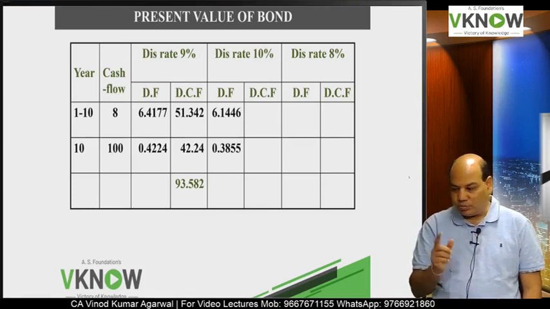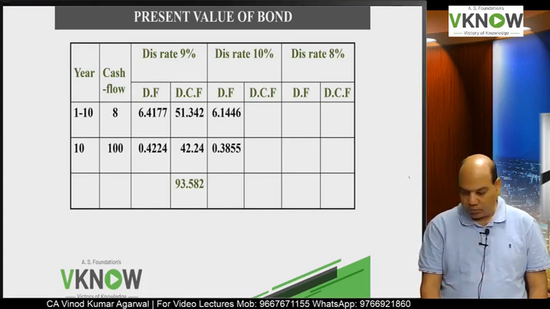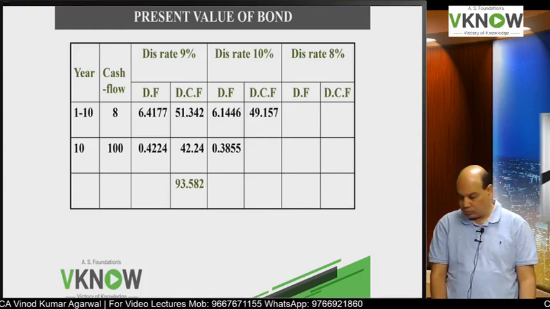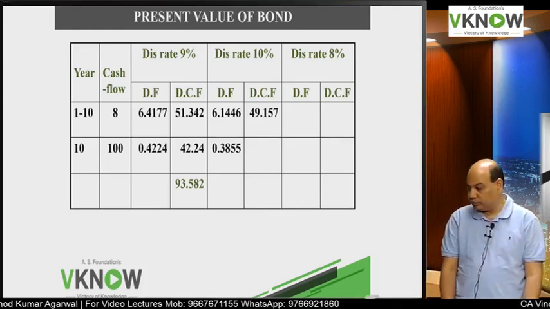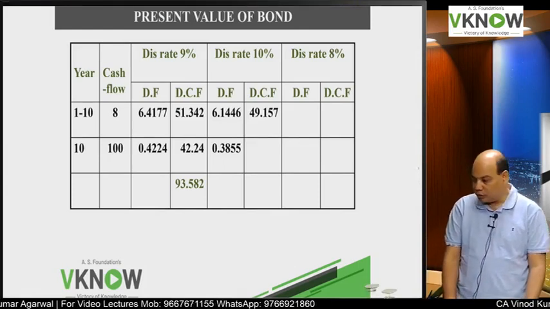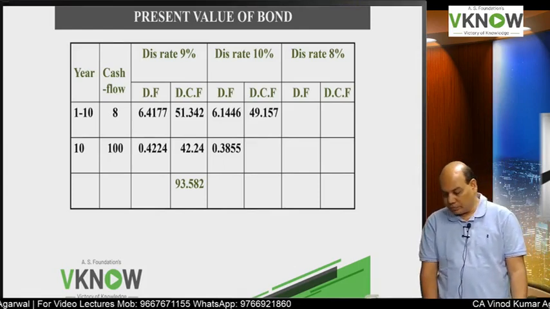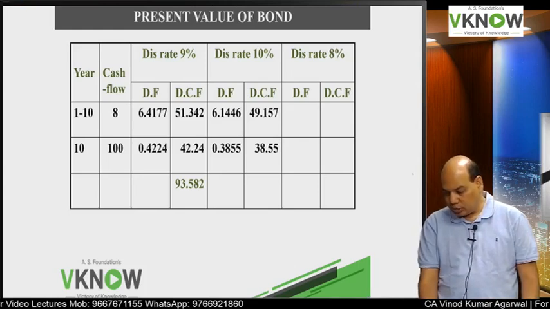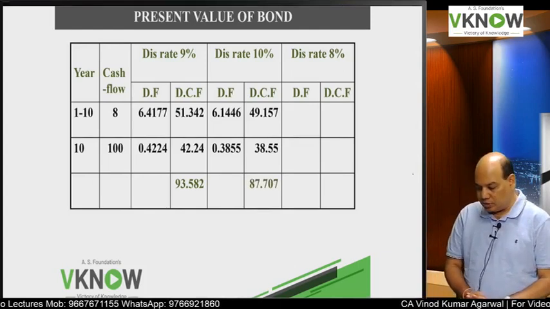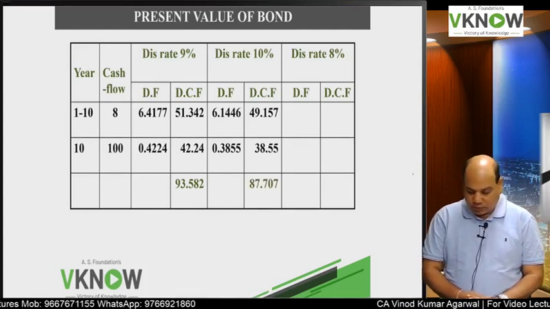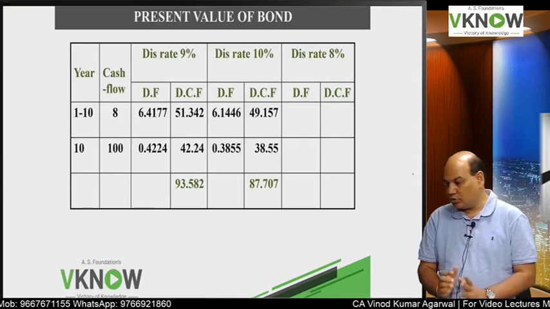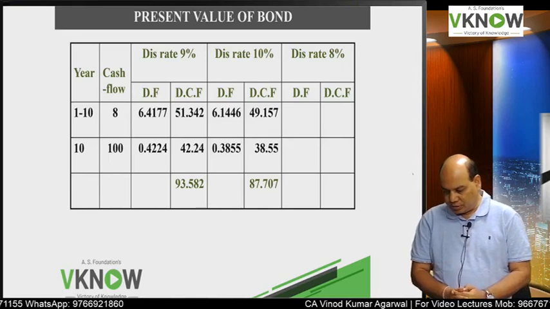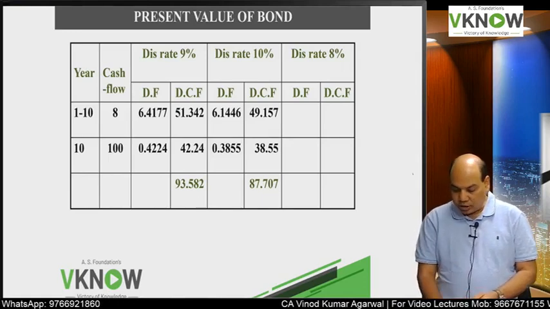Multiply 8 into 6.1446, so you will get 49.157, and 38.55. Take the total. Is it around 87.707? Yes or no? Yes. And now you try 8%.